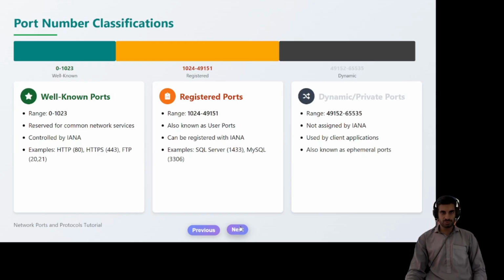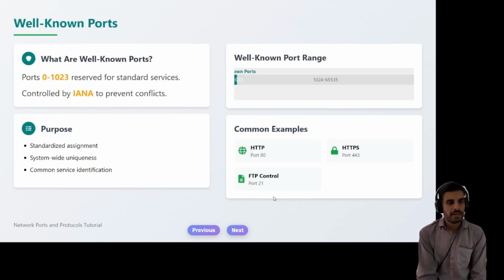So let's move on to the next page. Here we have the well-known ports. What are the well-known ports? Ports from 0 to 1023 are reserved for standard services, controlled by IANA to prevent conflicts.